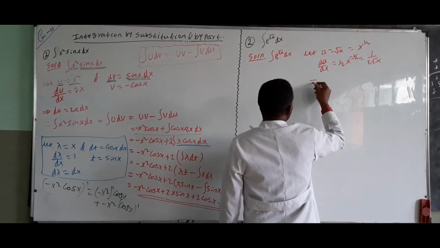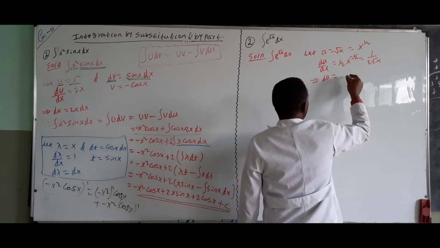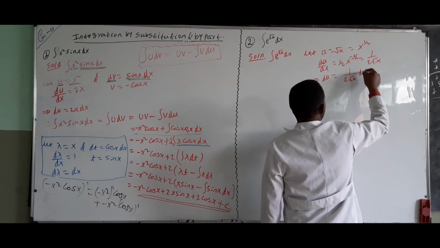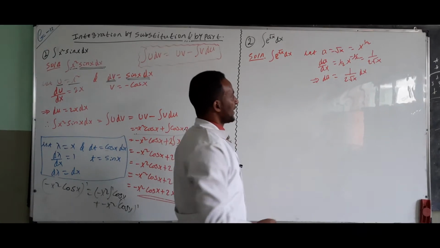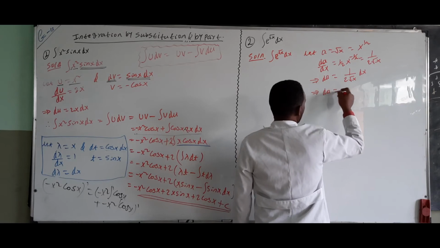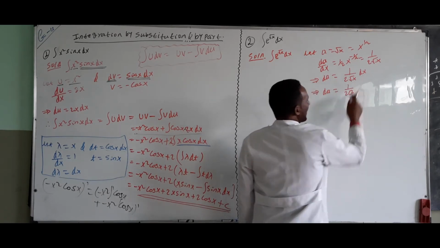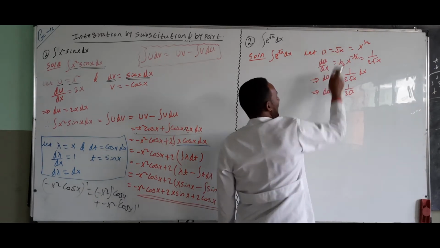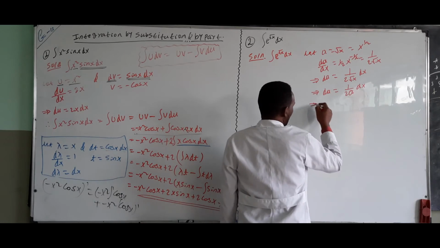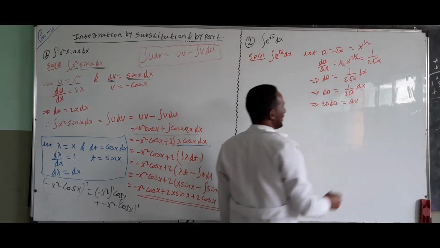This implies that dA is equal to 1 over 2 radical x dx. Then this implies that dA is equal to 1 over 2a dx, because radical x means a. This implies that 2a dA is equal to dx.